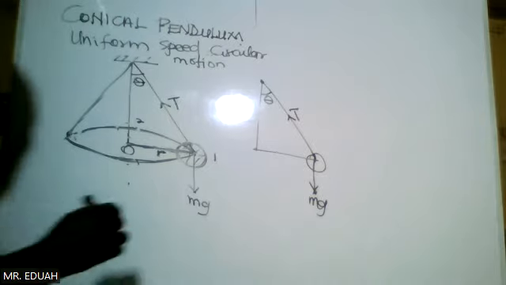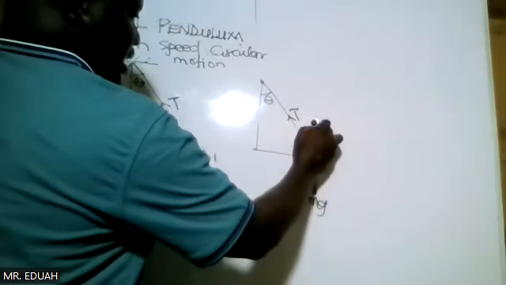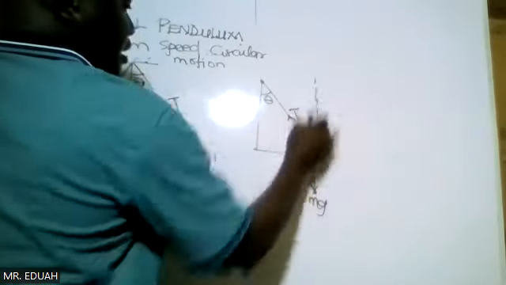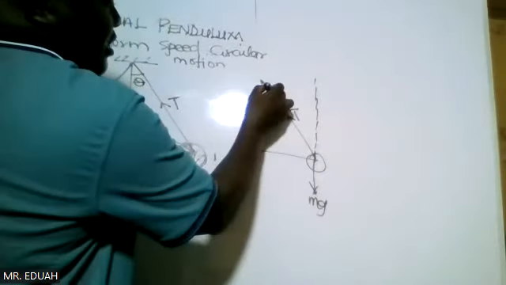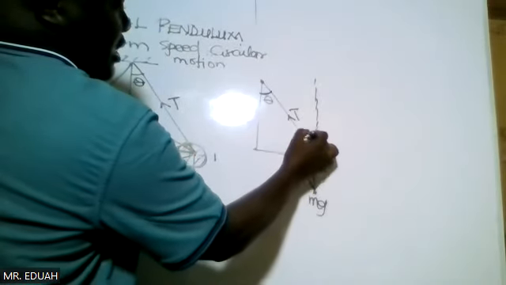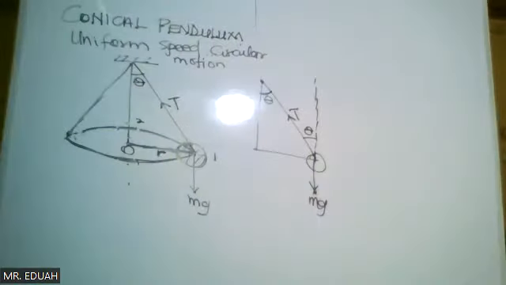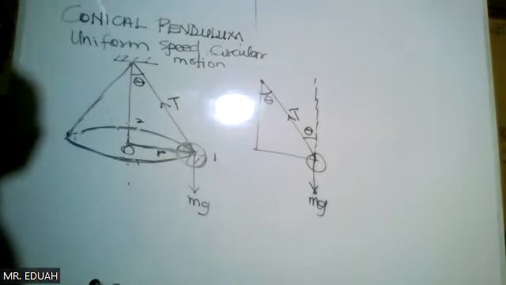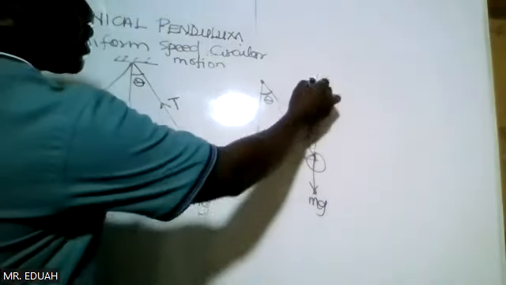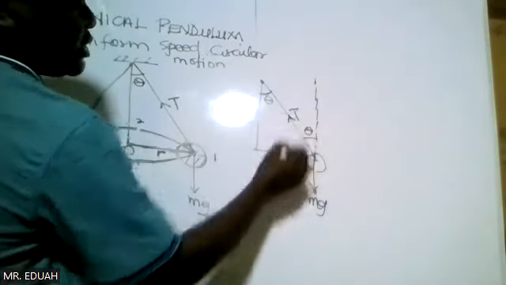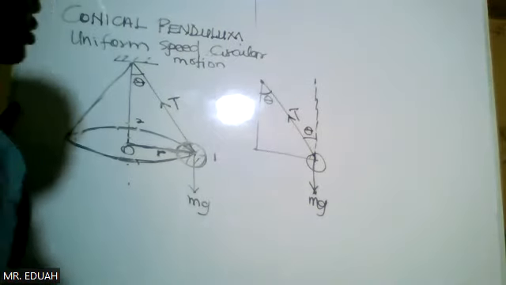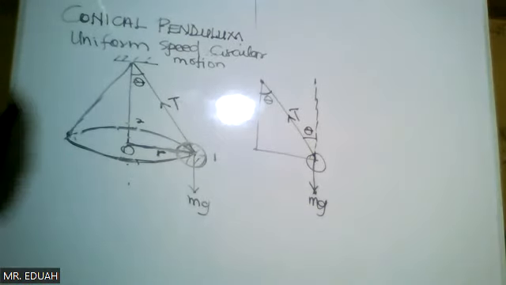Okay. Now, when I extend this weight vector, I have this angle here alternating with this angle. It means that I can resolve this tension into vertical and horizontal components.